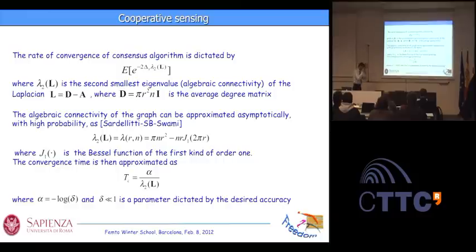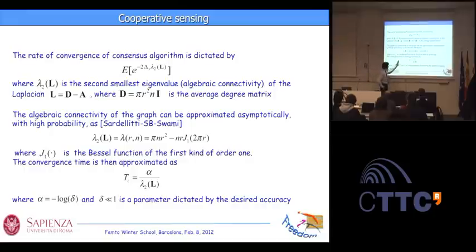This magic number is also called algebraic connectivity. So the algebraic connectivity, in mathematical terms, is the second smallest eigenvalue of the Laplacian. But now the Laplacian is random, because it's made of random coefficients. So we are talking about the second smallest eigenvalue of a random matrix. Okay, so it's not very trivial.